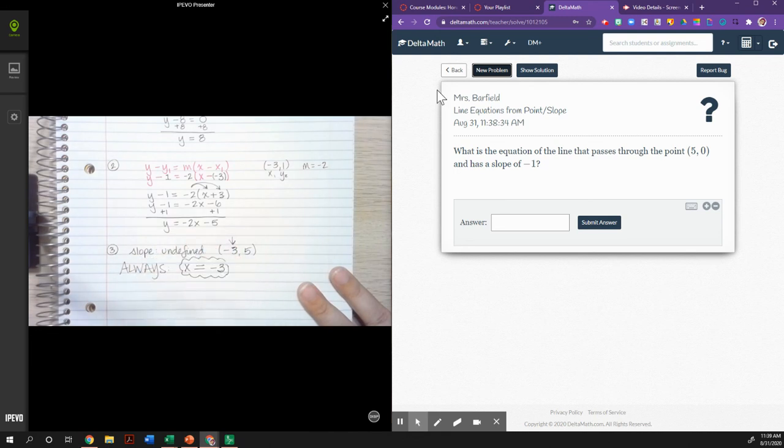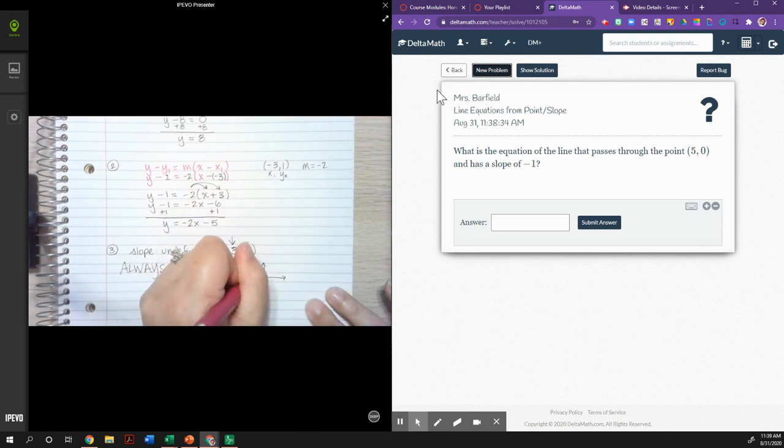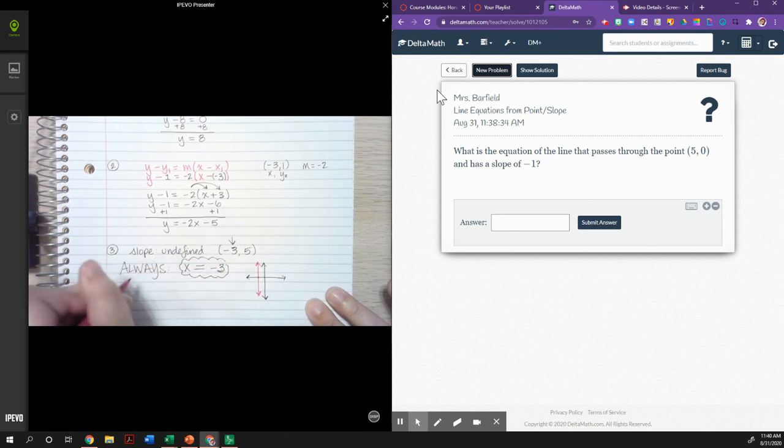If they tell you the slope is undefined, that's because if I draw a graph over here, x equals negative 3, if you remember from last year, is a vertical line that goes straight up and down, and the slope of a vertical line is undefined.